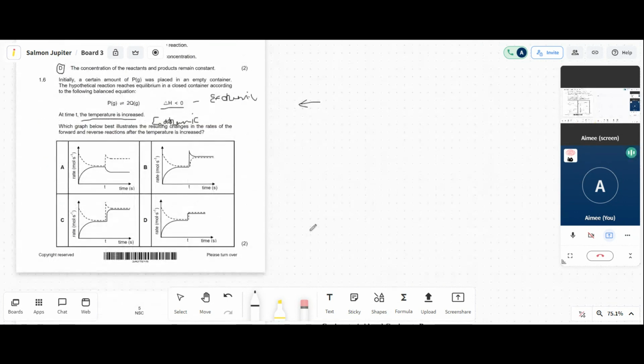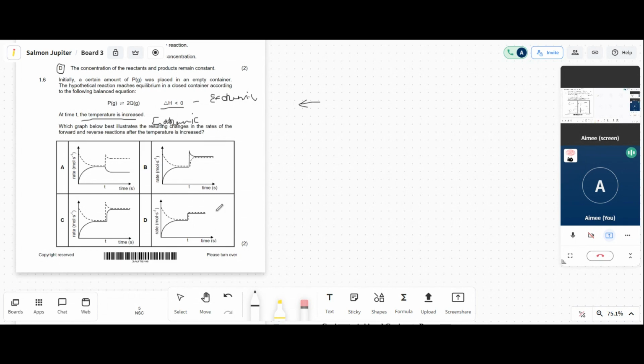So we have a look at the graphs. Pretty much they all stay at the same place, but you've got the reaction rate of the forward and the reaction rate of the reverse. A spike in temperature is going to cause the reaction rate of both of your reactions, both forward and reverse, to dramatically increase, because if the reverse reaction is favored, it still means that something is happening on the other side of the equation. Okay, there should be examples of these in your textbook.